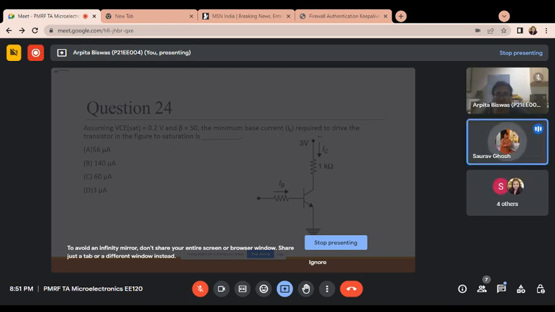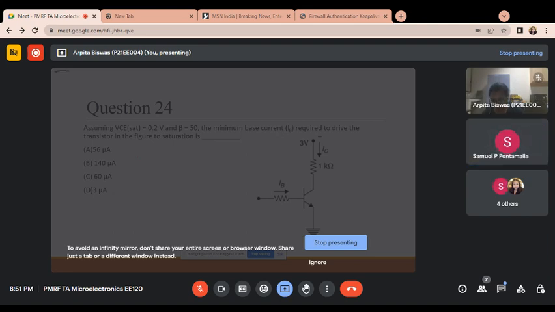Ma'am, option A will be the right answer. 56 microampere. Can you please explain how you can calculate it? I have to determine IC sat, because IC sat will be equal to VCC minus VCE sat by RC. So VCC is 3 volt minus VCE sat is 0.2, by RC is 1 kilo ohm.